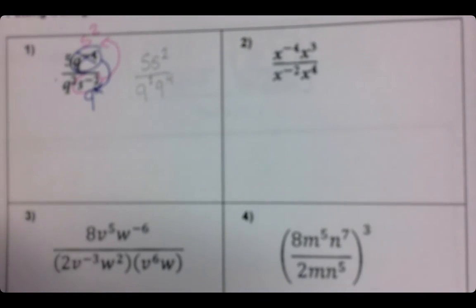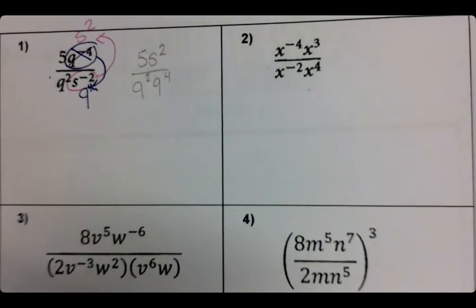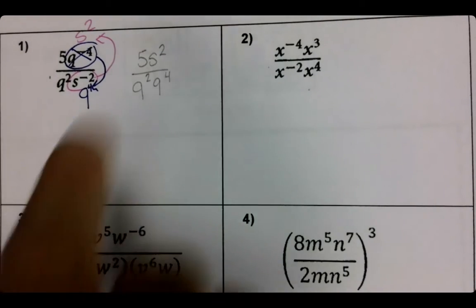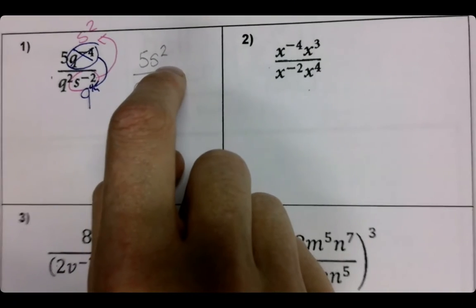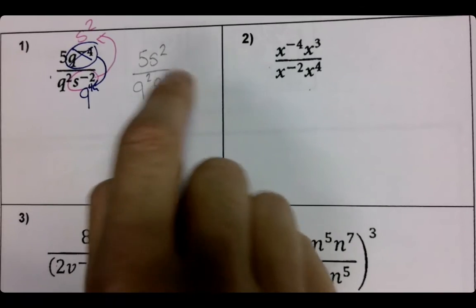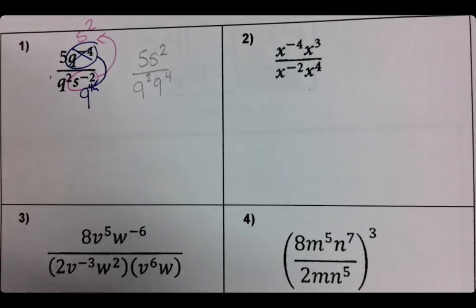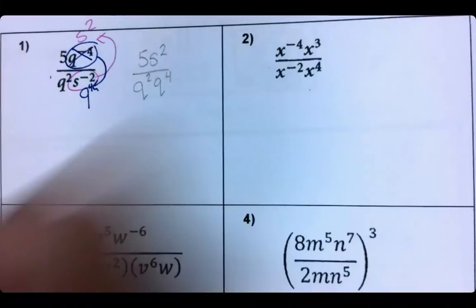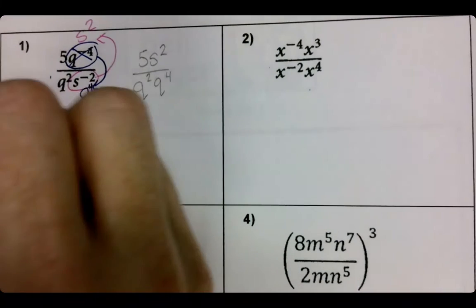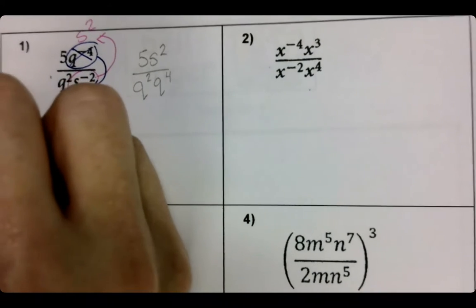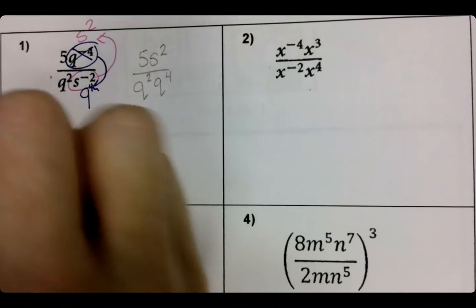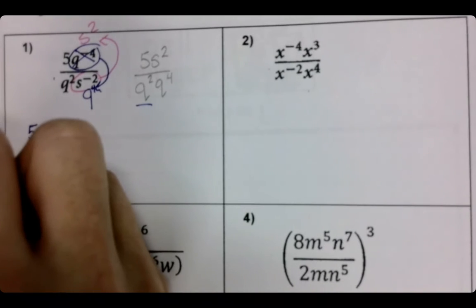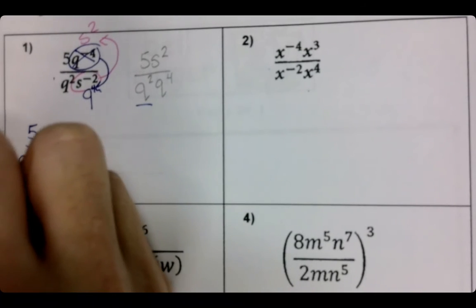But this is, again, where we're adding multiple things, right? This top part can stay as is, but this bottom part both has q's on there. So we are able to put those together. So we'll do 5 and then s just to get that in our mindset. And then this is going to be 1, 2 q's.